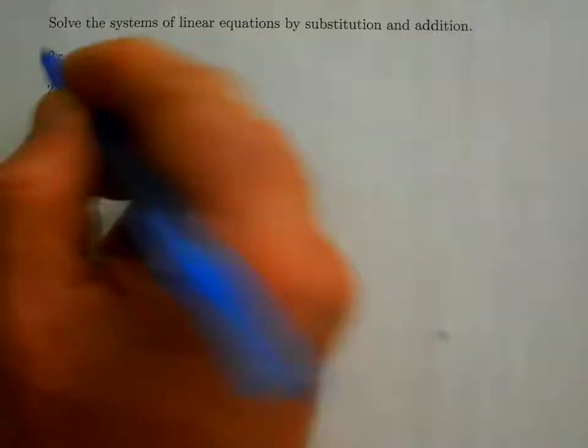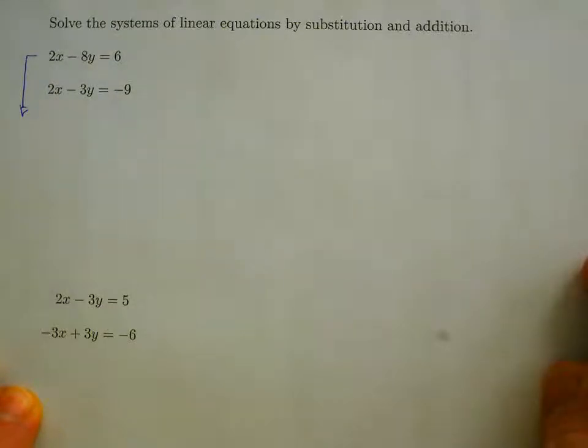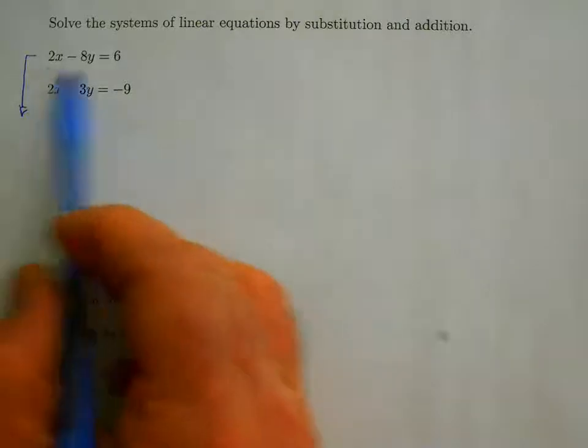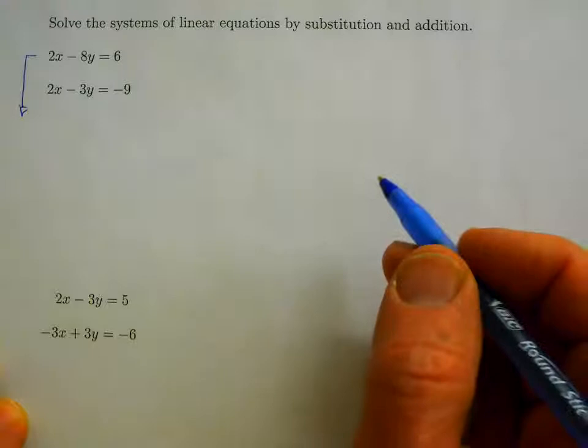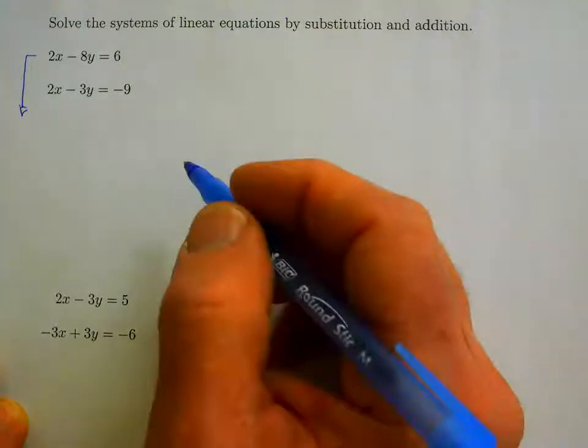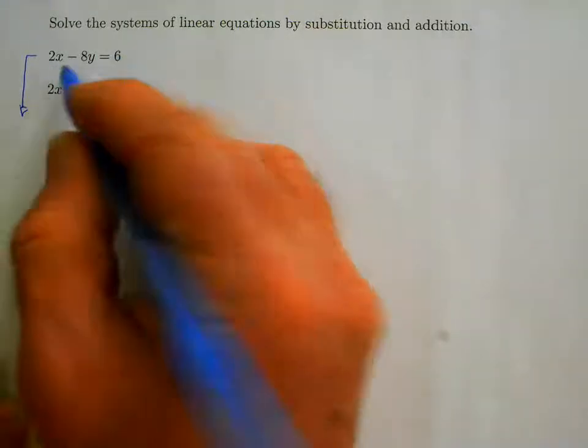Okay, so if I use substitution, it looks to me like the easiest thing to do is solve the top equation for x. So solve the top equation for x.